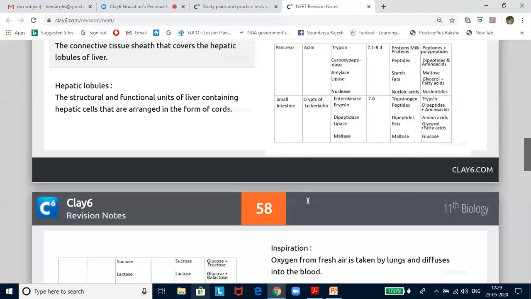Besides maltase, which hydrolyzes maltose, intestinal juice contains at least two other enzymes: sucrase hydrolyzes sugar sucrose into glucose and fructose, and lactase breaks down lactose into glucose and galactose.